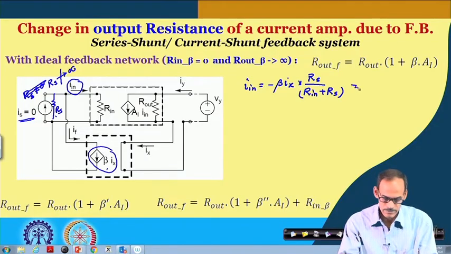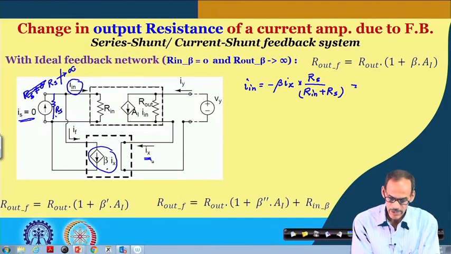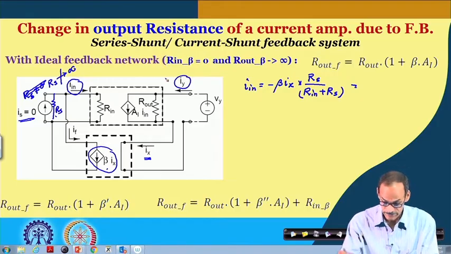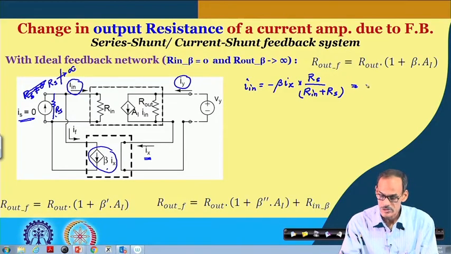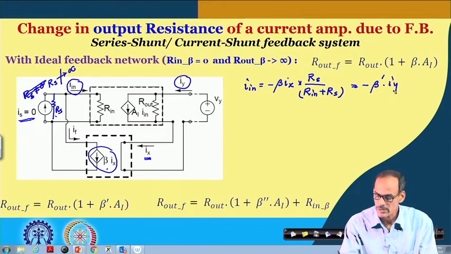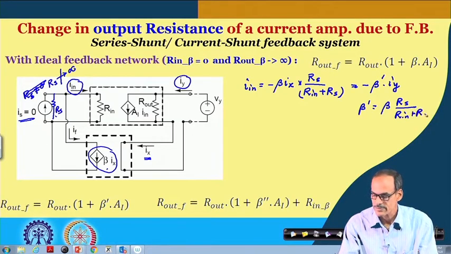And this I x is incidentally the same as I y. So, we can say this is equal to minus beta dashed into I y, where beta dashed is equal to beta into R s divided by R in plus R s.